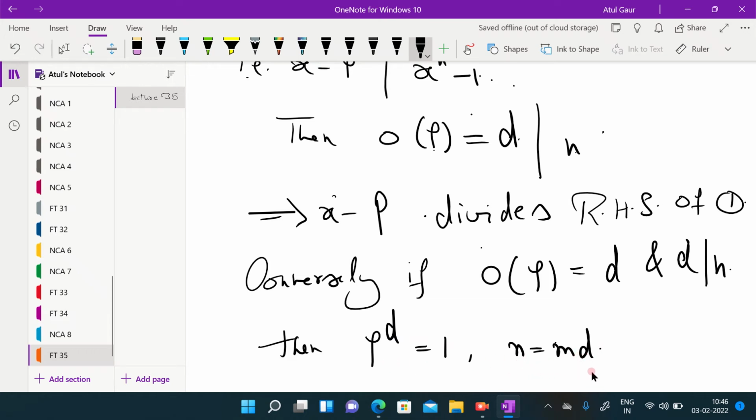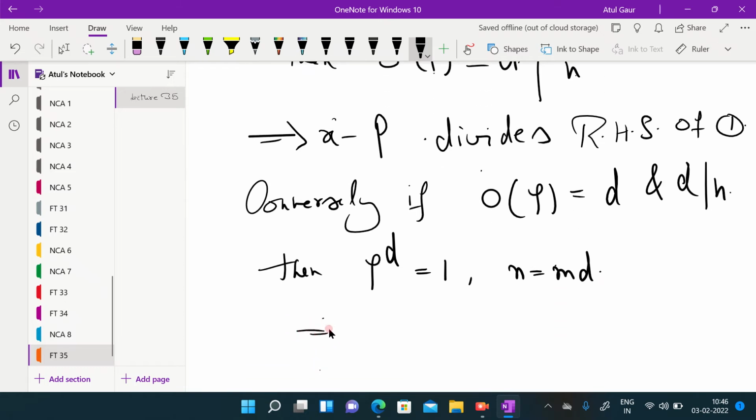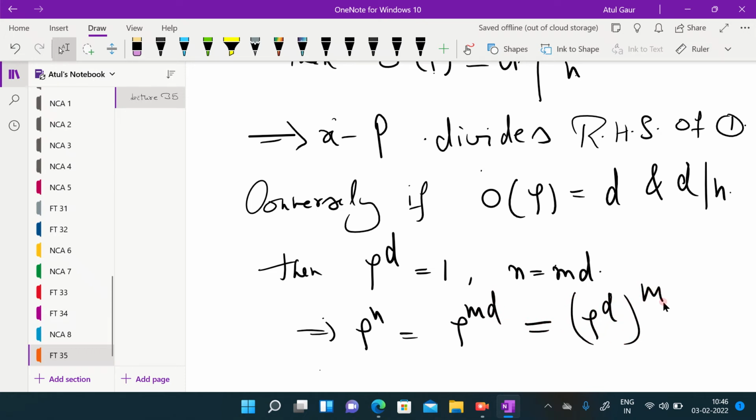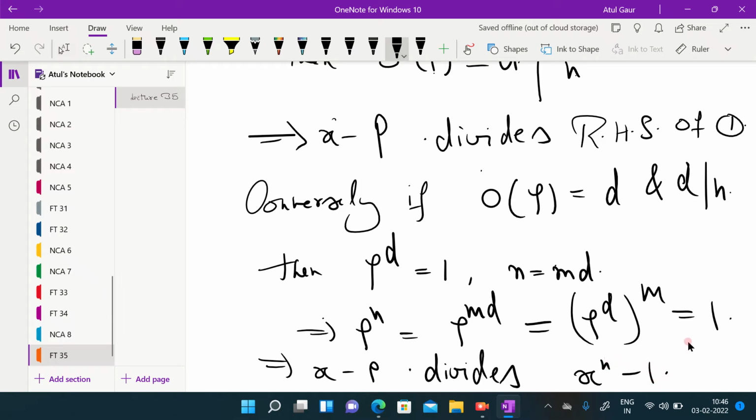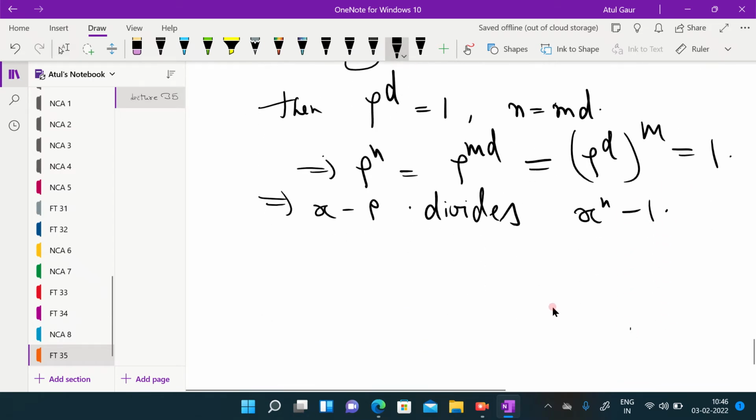So rho power d is 1, n equals md, so this will mean rho power n, which is rho power md, and this is 1. So that simply means x minus rho divides x^n minus 1.